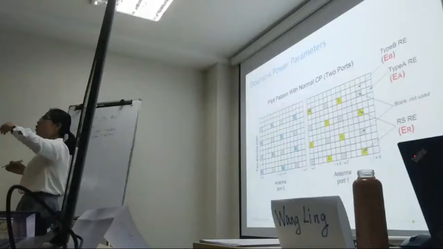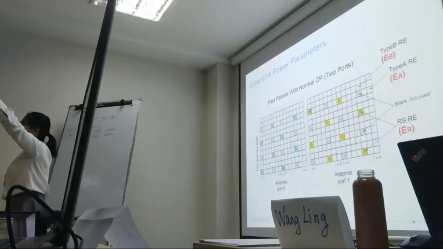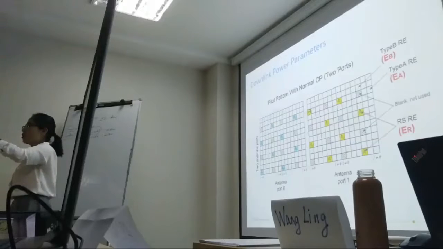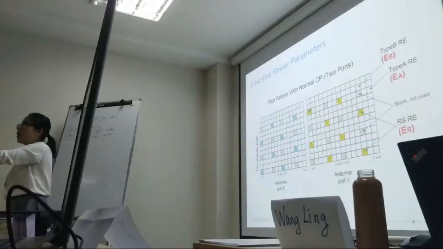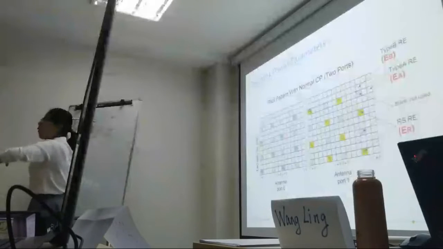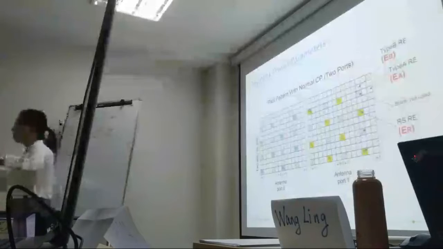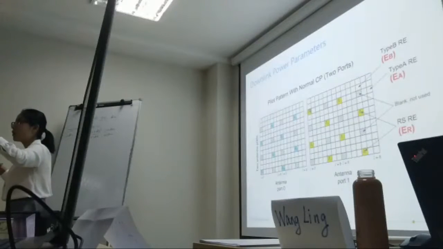If the RU power is fixed, that means for the total symbol, when we transmit symbols one by one, in total we use the RU power. So if the bandwidth is wider, the RE power is smaller, right? It relates to the bandwidth.